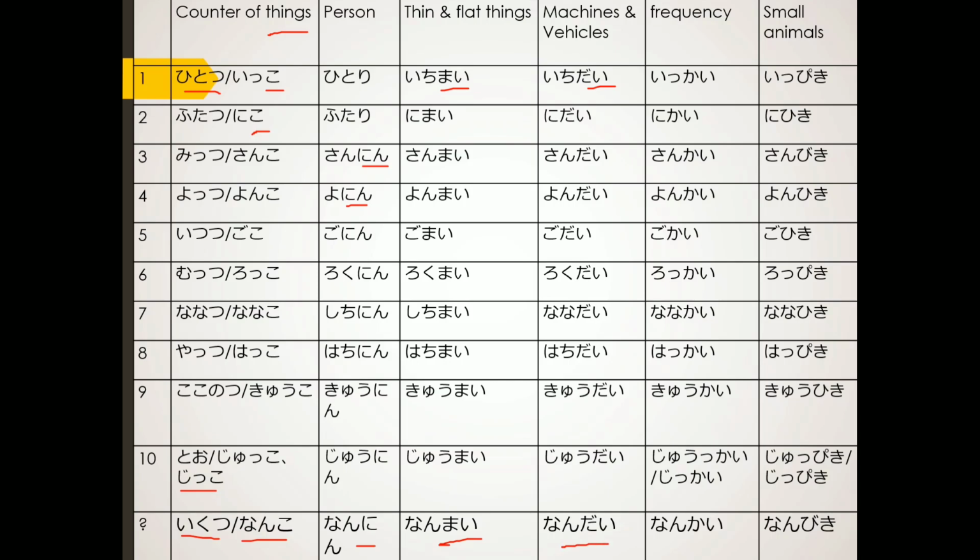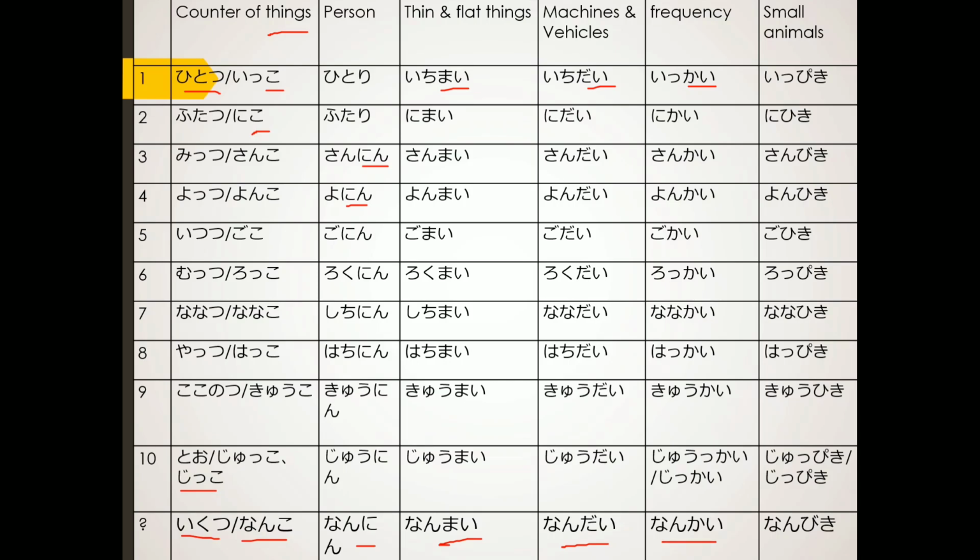Question is nandai. For frequency, it means that we do some action frequently. Counter suffix is kai, ikkai, nikai, sankai, yonkai, gokai, rokkai, nanakai, hakkai, kyukai, jukkai or jikkai. Question is nankai.